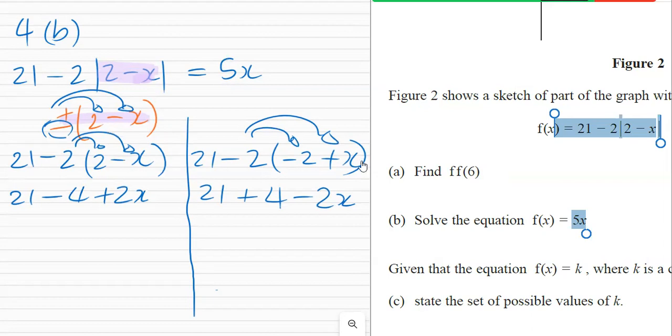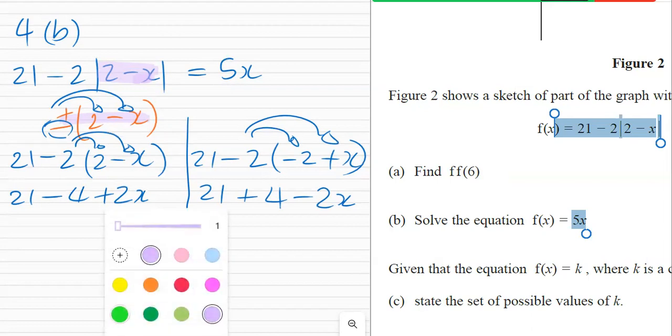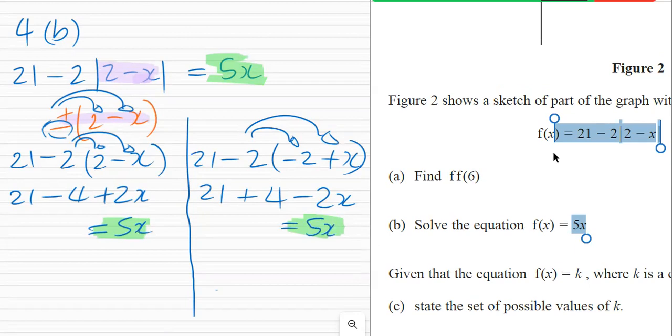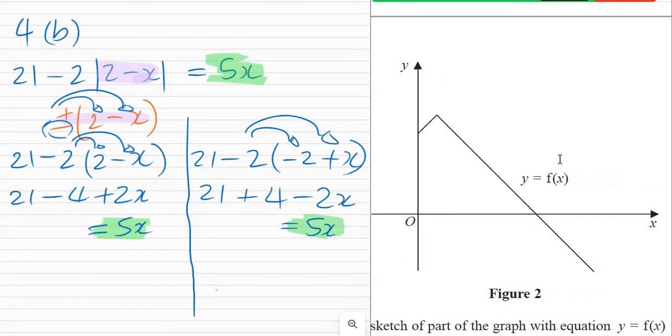Now we want where these two options are equal to 5x. So don't forget about your 5x. It's either going to be this one equal to 5x or this one equal to 5x. Okay, so let's take a look at our modulus graph before we go any further.